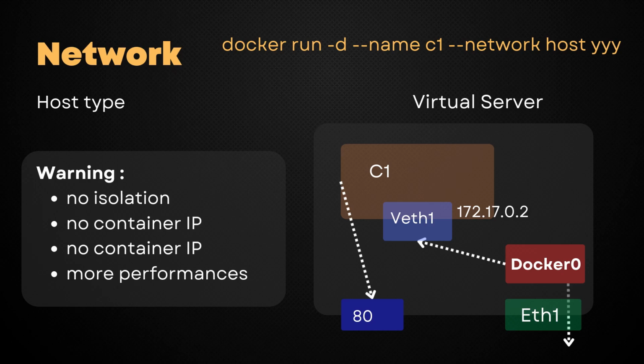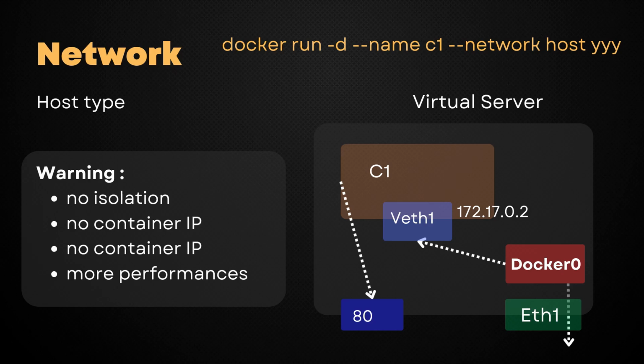This is like you run, for example, an Nginx directly on your host, but you don't remember that you use this kind of network. You have no container IP if you use it, of course. You directly run your container on the host network.